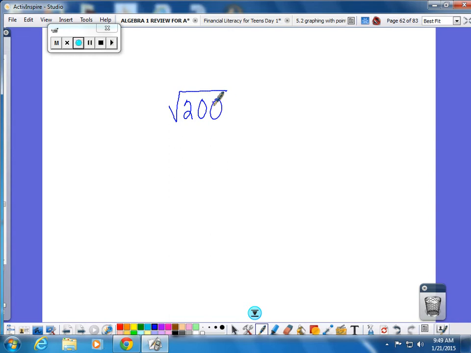Just on that sheet of paper you got there, just on your packet if you want to, how would this number break down? Think about that. Largest perfect square that goes into 200 is 100. 100 times 2, the square root of 100 is 10. Left underneath the radical is 2. Is that pretty easy? Okay.